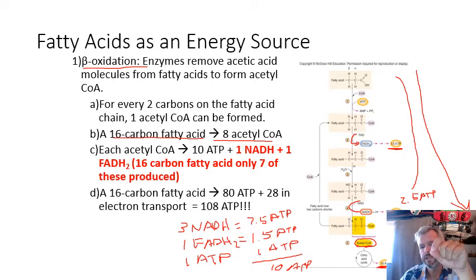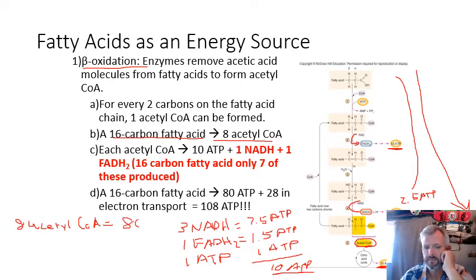What did we say? We're going to form 8 acetyl-CoA. And how much is each of those worth through the electron transport chain and the citric acid cycle? We got 10 ATP, so 8 times 10, that's 80.